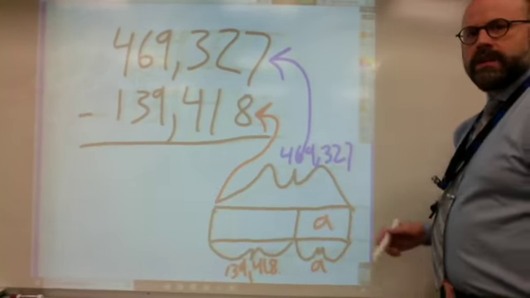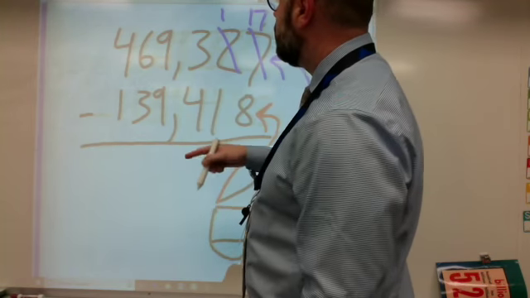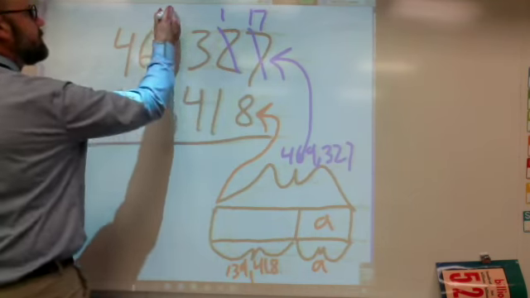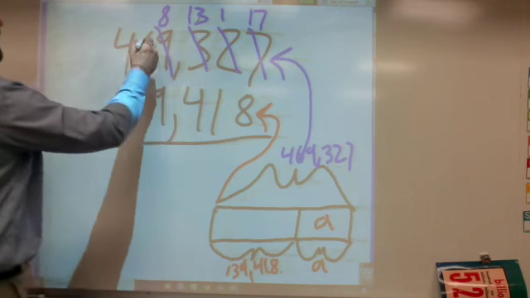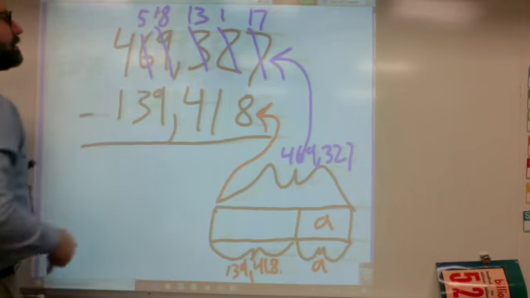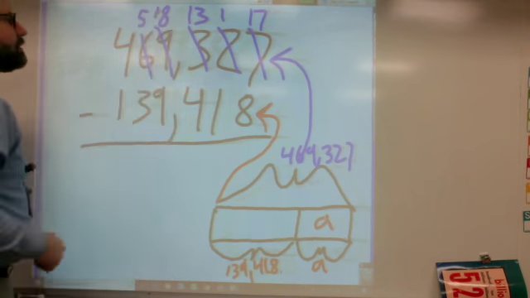I can do 1 minus 1. I cannot do 3 minus 4, so I need to come over to the 9 in the thousands spot, turn that into an 8, turn this into a 13. I cannot do 8 minus 9, so I need to borrow from the 6, turn it into a 5. That 8 in the thousands becomes 18. I can do 5 minus 3, and I can do 4 minus 1.